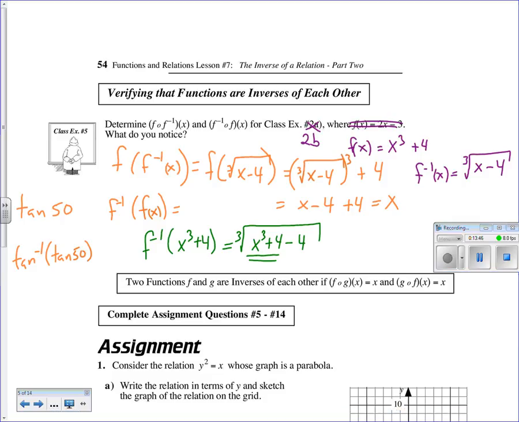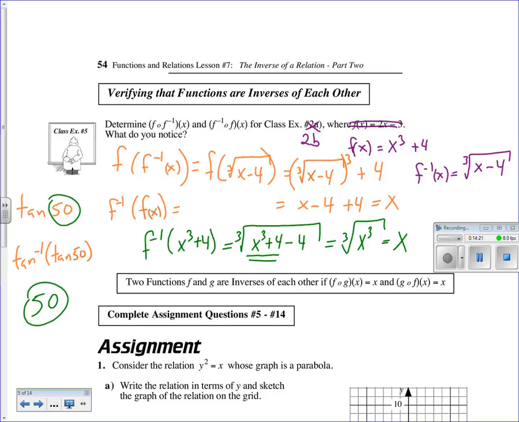Then I have to subtract 4 and simplify. So x cubed plus 4 minus 4 is x cubed, and the cube root of x cubed is x. So this is a really neat conclusion that the composition of a function and its inverse will actually generate x. And you should have found that by going tan 50 and tan to the minus 1 of tan 50, you'll generate that 50 back again.